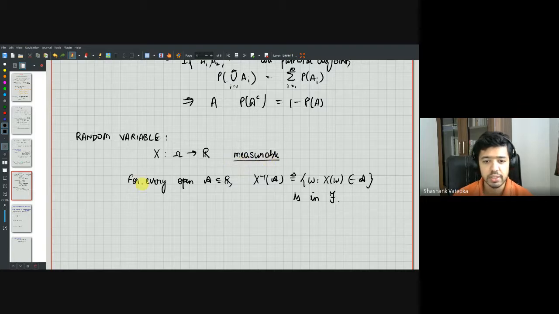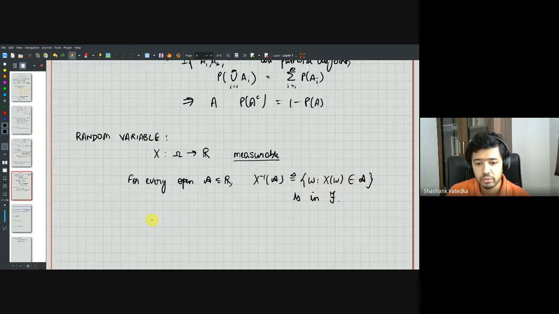What this means is that for every open interval, the set of all omega which maps to this interval is a valid event.